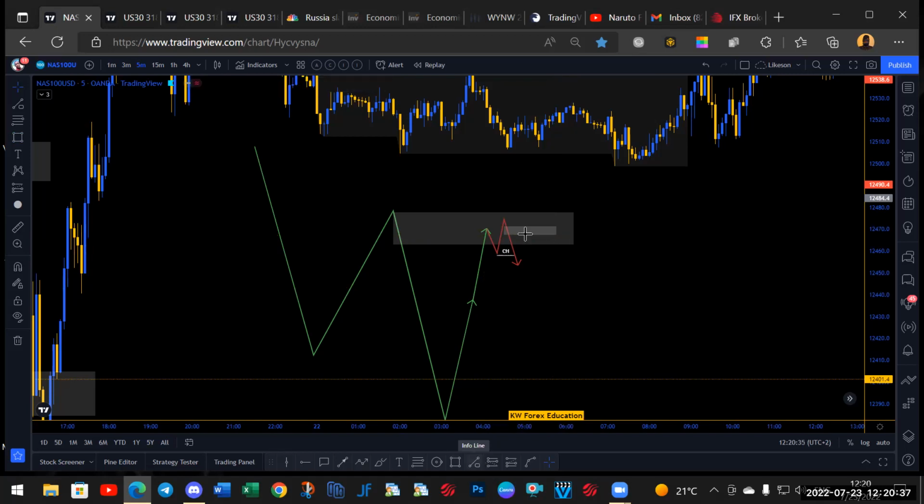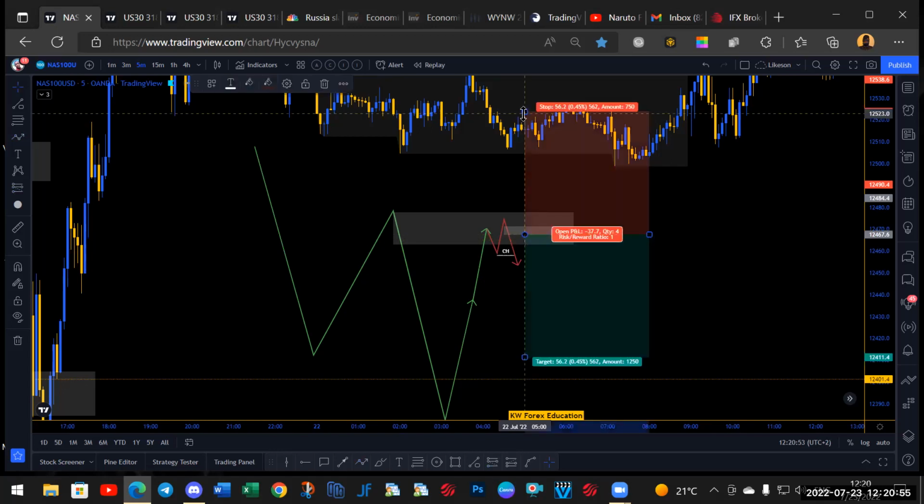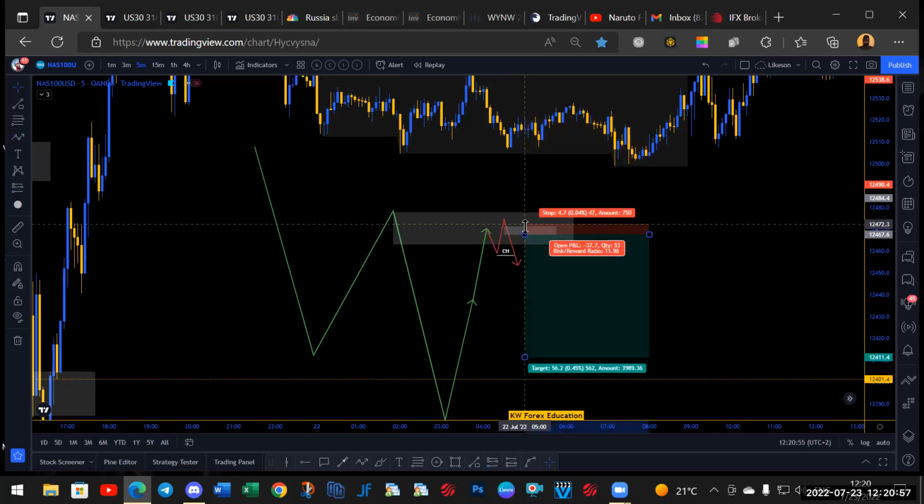So you want to draw the supply that broke this low here, or that caused this change of character. And then from there, that is when you want to leave your sell limit, right?